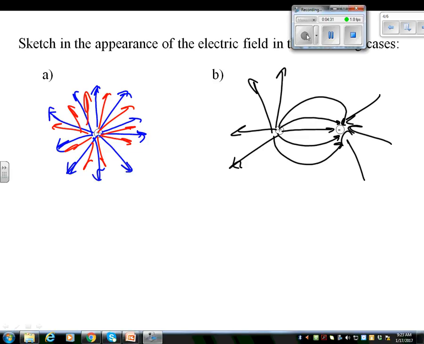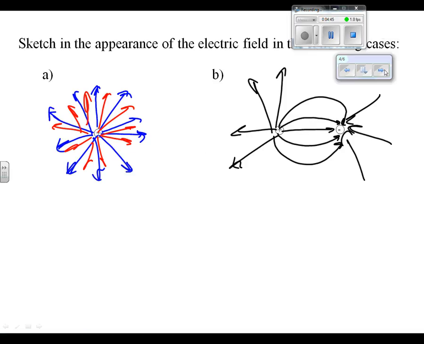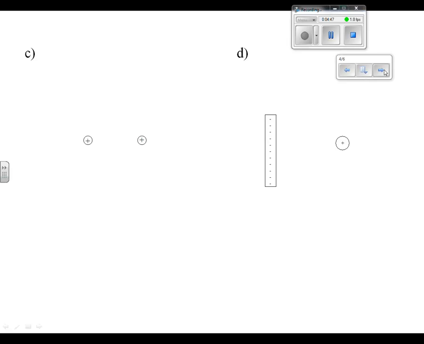These are gimme questions on the test. Don't blow this. Don't mess up. Away from positive towards negative. It's pretty simple. What about two positives?